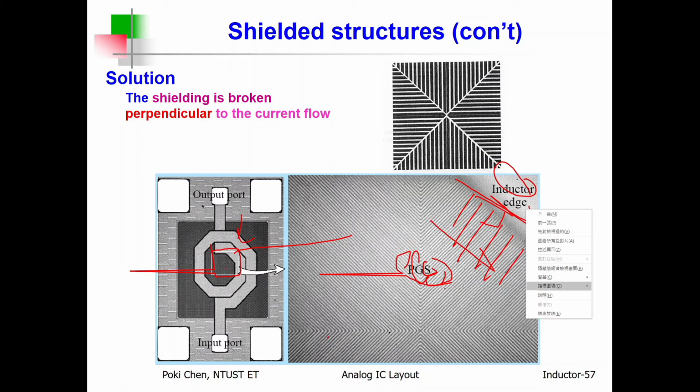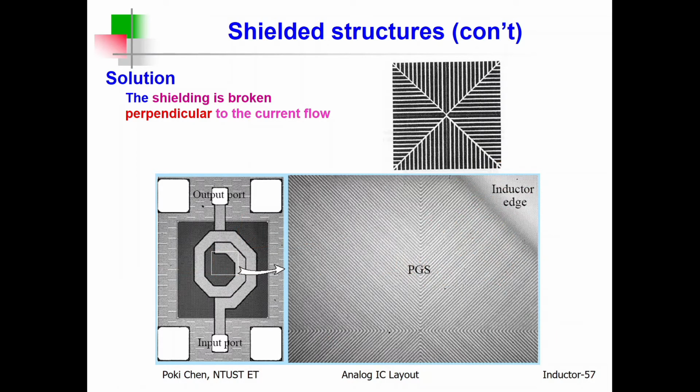See, that is really important for you. That is for the inductor line, and that is for shielding. You can see they are perpendicular. They are orthogonal to each other. Keep this in mind. In this way, you can reduce the parasitic capacitance very much to increase the self-resonant frequency.